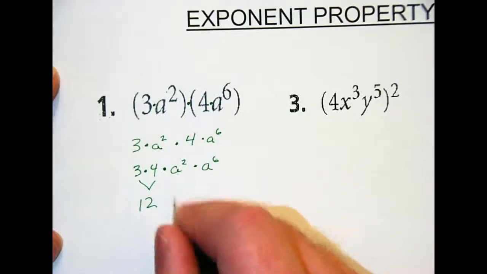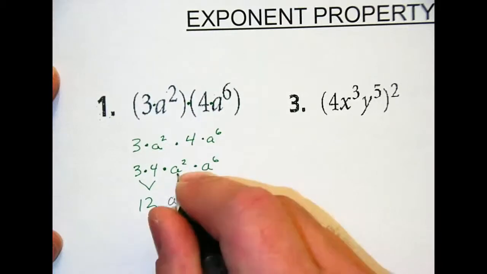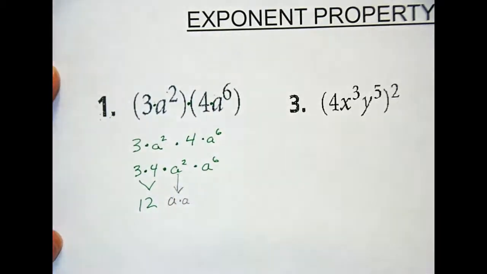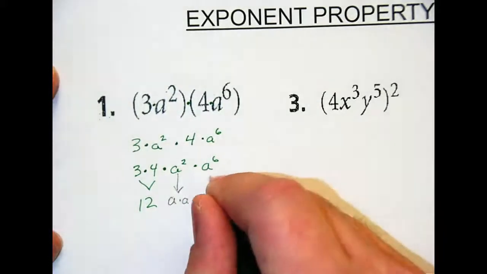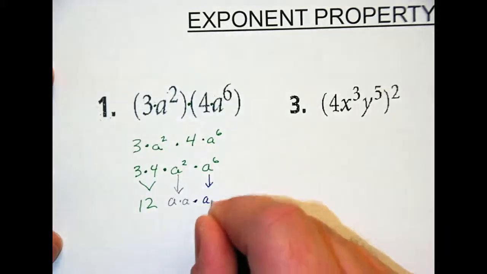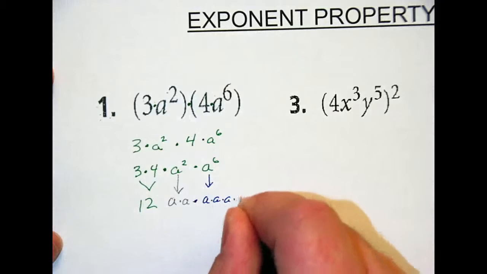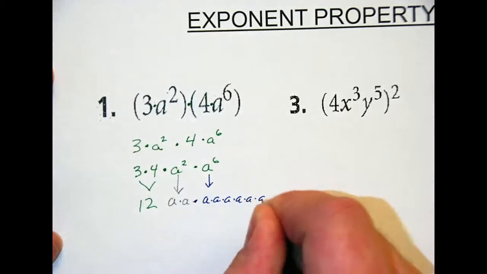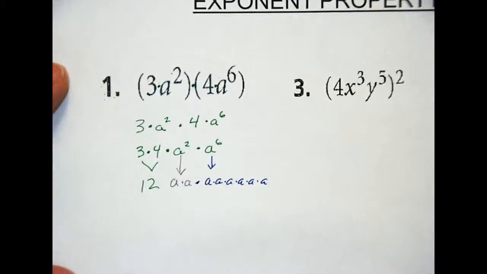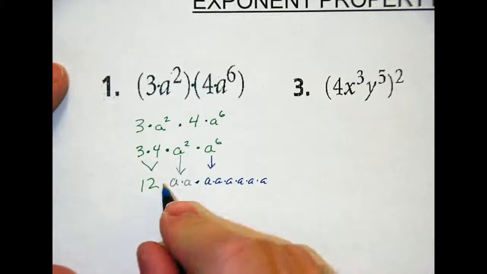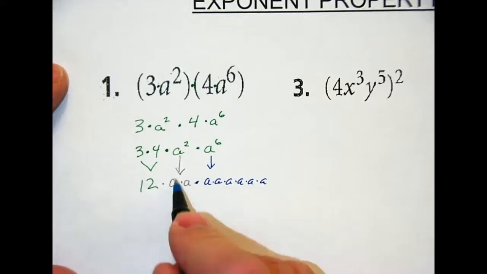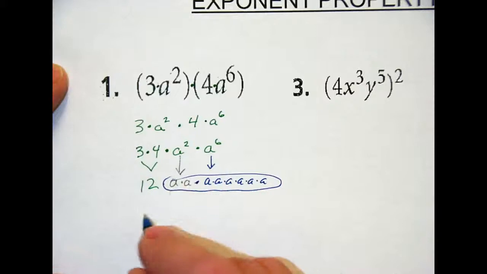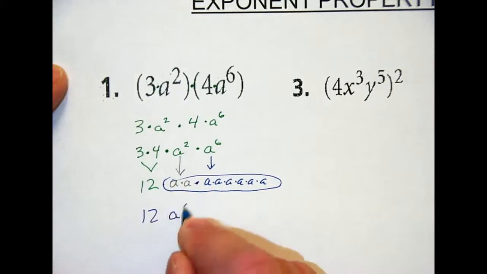A squared is the same thing as a times a. So this part becomes that, and then a to the 6th, if you think about what that means, it's a times a times a times a times a times a. Holy moly, okay? All right? So we have 12 times all these a's. Now that many a's is how many a's? 8. So really that's 12 times a to the 8th.